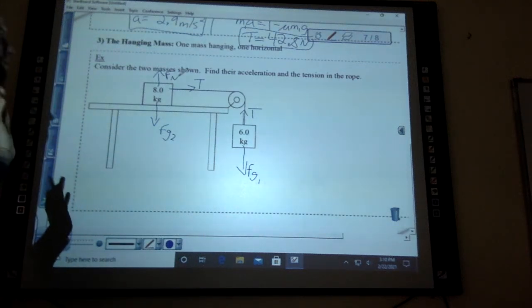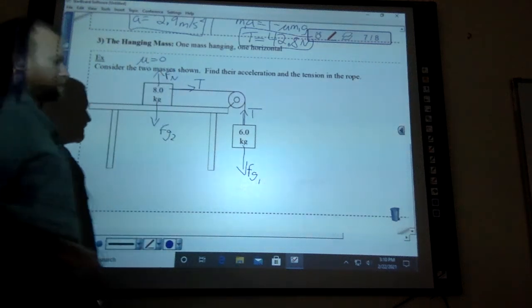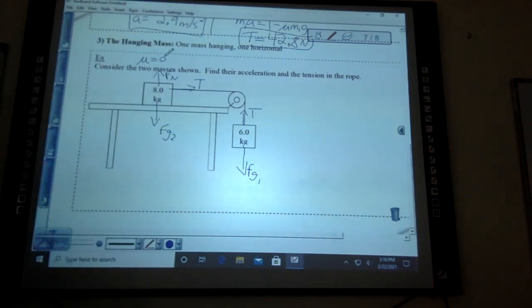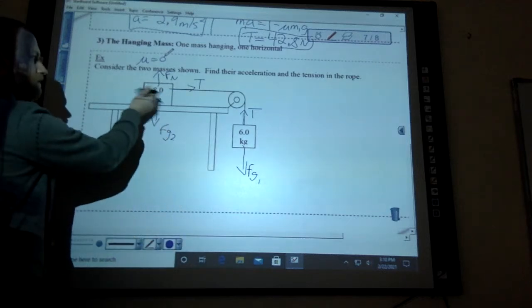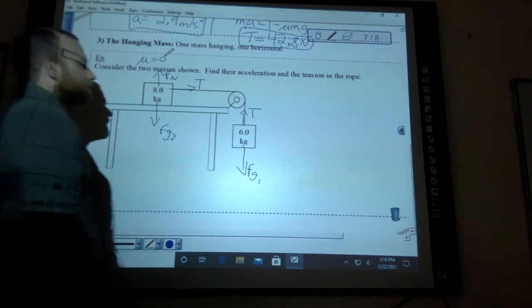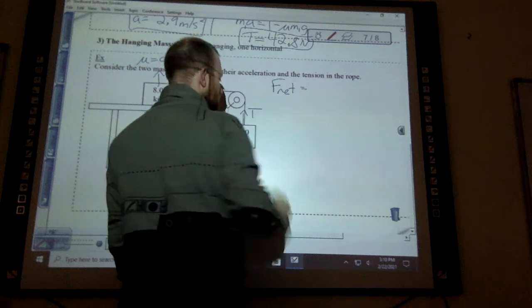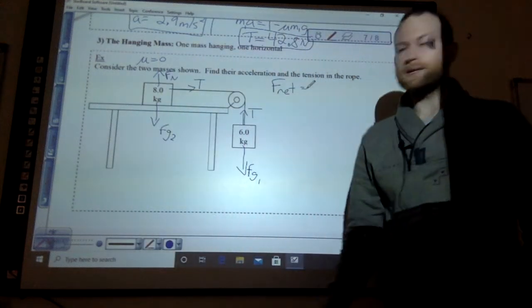And nothing's mentioned about friction, thank goodness. So mu equals 0, we have no friction. If we did have friction, not very hard, put a friction force. But we don't need to. So then let's make an F net equation. F net equals all the positive forces minus the negative.